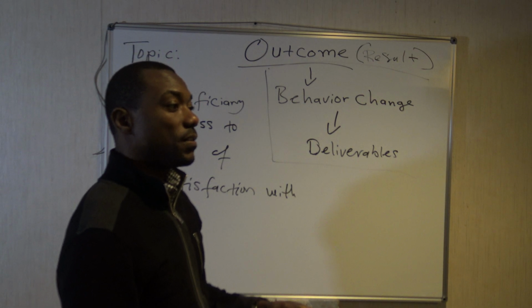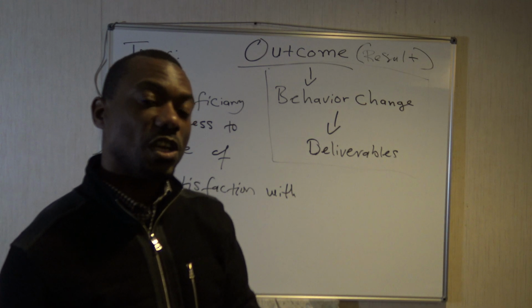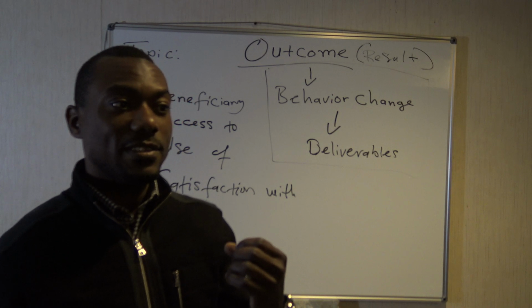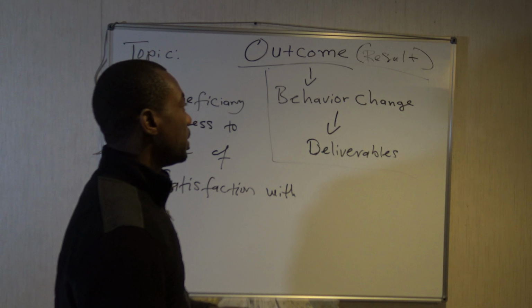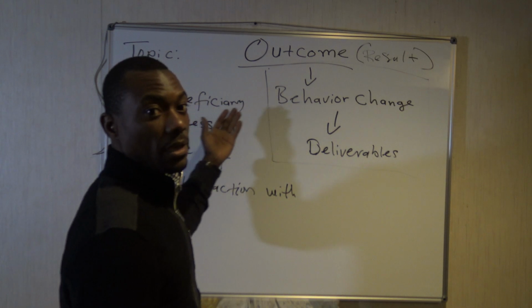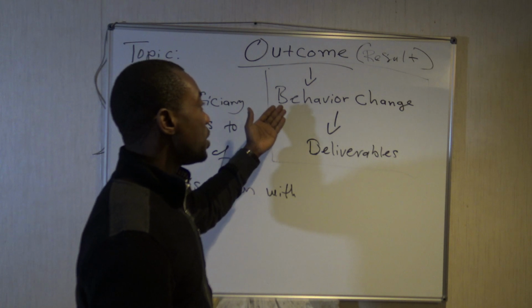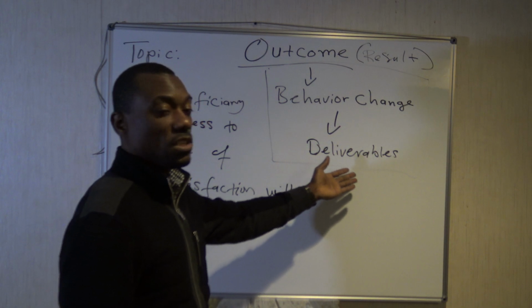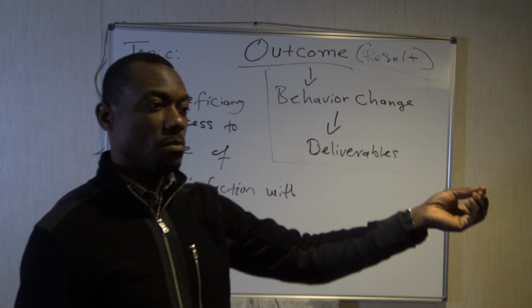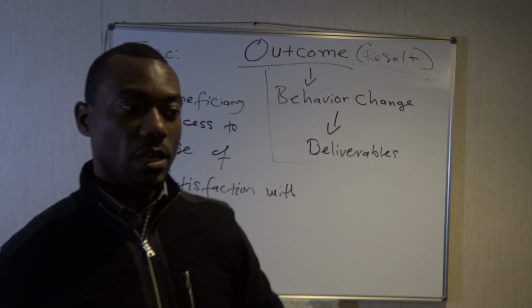And now basically the outcome is one of the major purposes for which every organization is affecting the society, by trying to change behavior in the society through the deliverables. So if you cannot make deliverables, you cannot give something, you can't get anything back.